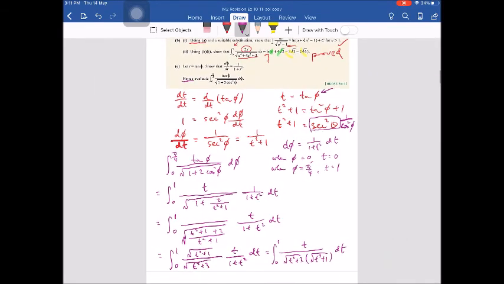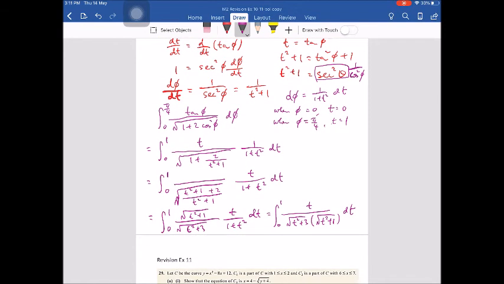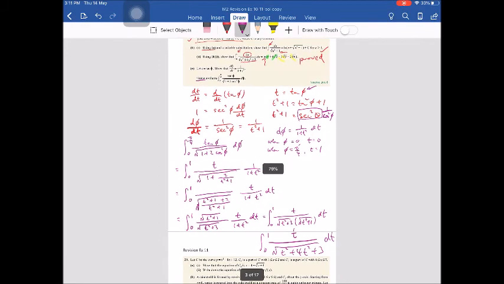You see that it is exactly the integral from 0 to 1 of t over t squared plus 3 dt.